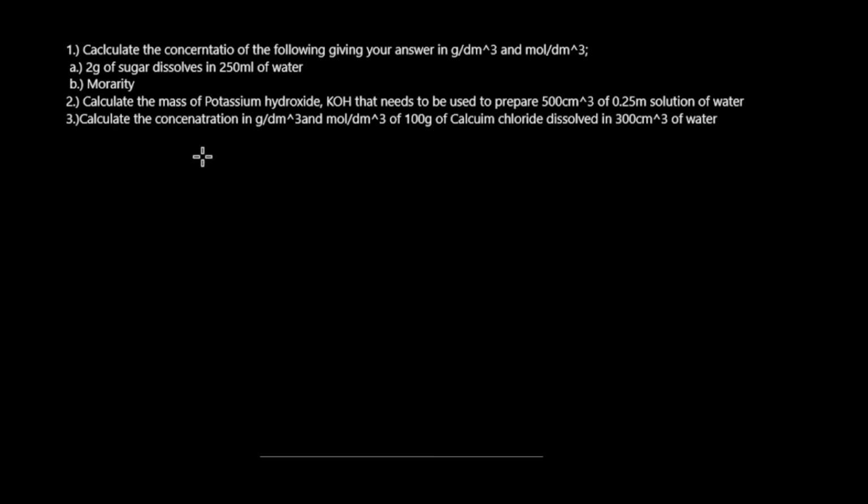So what we have been given is a mass of 2 kg, so mass is equal to 2 kilograms, and then we have been given volume, and for volume we have been given 250 mils.